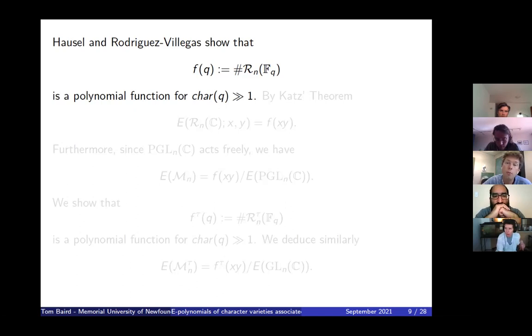And so Katz's theorem, which is an appendix in that paper, allows them to determine the e-polynomial of the representation variety just by plugging x, y into this polynomial function.